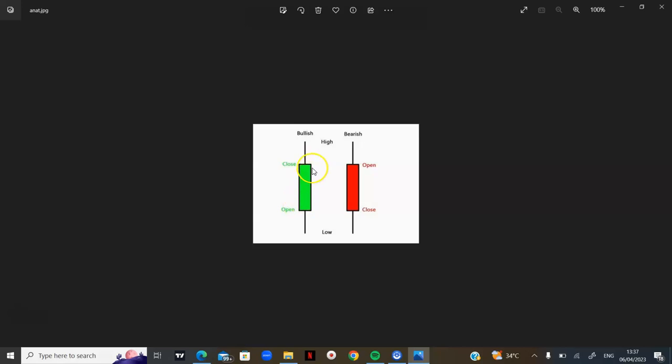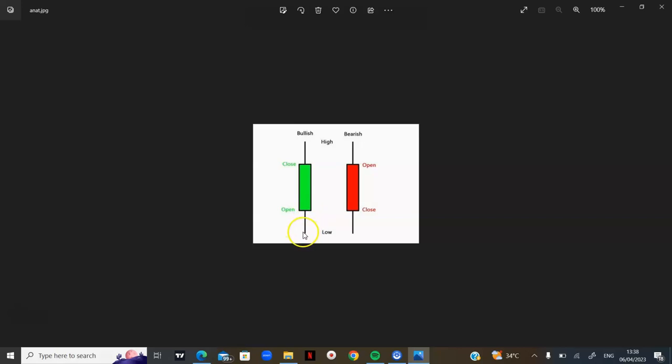So let's say this candlestick is on a 1 hour chart. It means each candle represents the movement of the price in an hour. So now let's say the price starts at 1 o'clock, 1 p.m. here, and it opened here. Then the price moved to this price, signifying the lowest point.